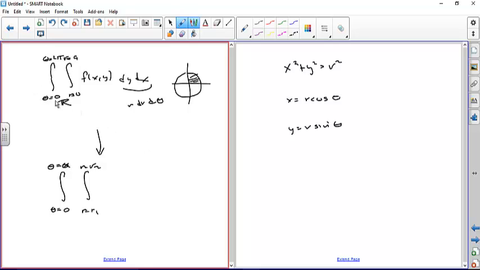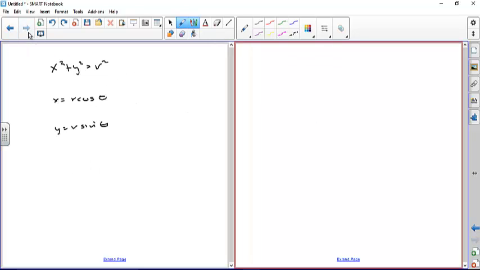And once you've transformed the region to r and theta integrals, and you've changed the function to a function of r and theta, and you've changed dy dx to r dr d theta, then you can do the multiple integration. So make sure you know how to do that. So it's not just doing the integral. You'll have to convert something involving x and y into something involving r and theta.